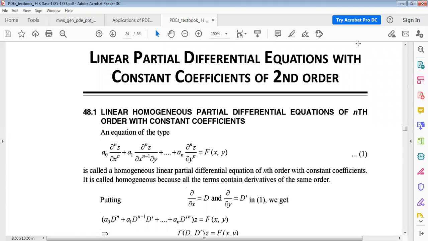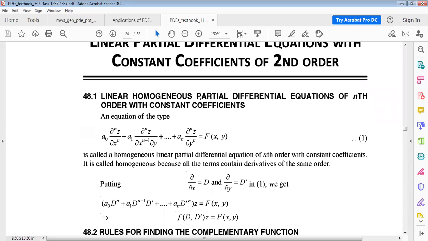Now linear partial differential equations with constant coefficients of second order. In ordinary differential equations, we have studied the constant coefficient method. In linear homogeneous partial differential equations of nth order with constant coefficients, z is a function of x and y.